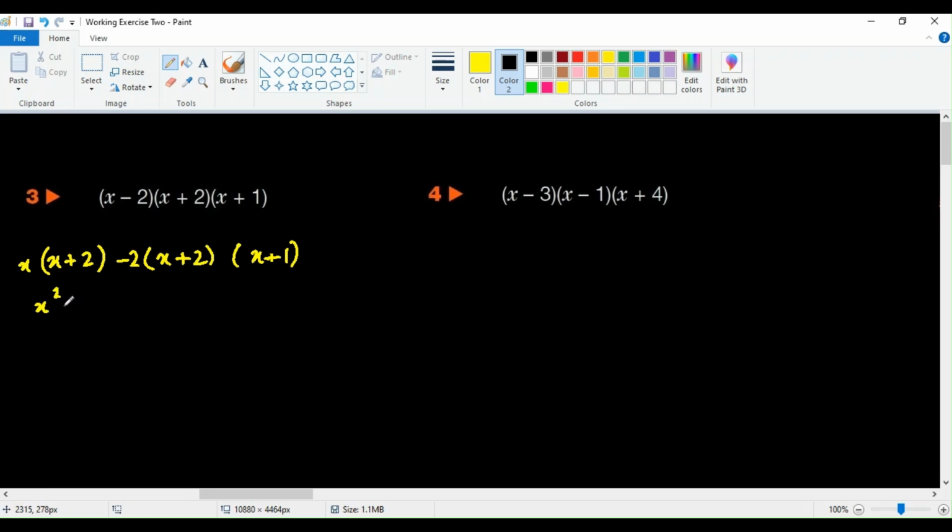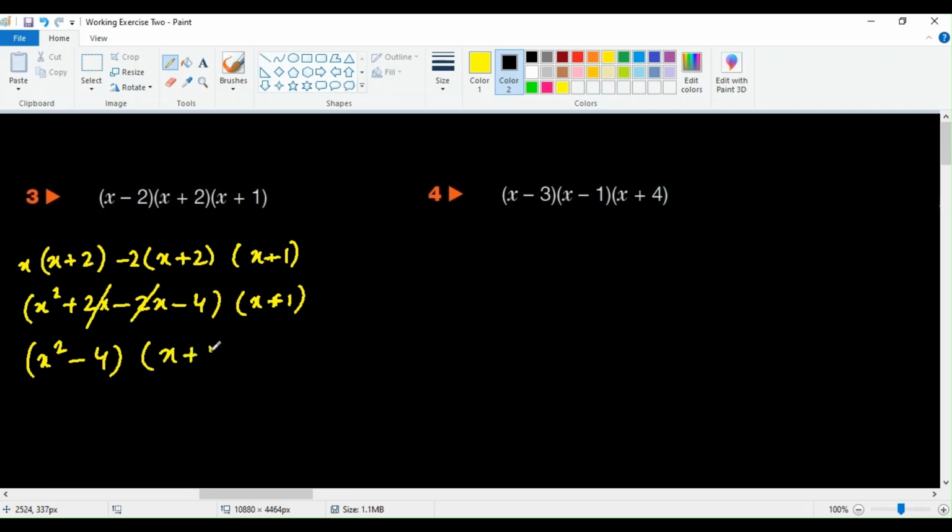So the answer for this one is going to be x square plus 2x minus 2x and minus 4, and this comes in one bracket. Later we'll simplify this to give us x square, and plus 2x and minus 2x are going to be cancelled, and x square minus 4 in one bracket, and the other bracket is going to give us x plus 1.